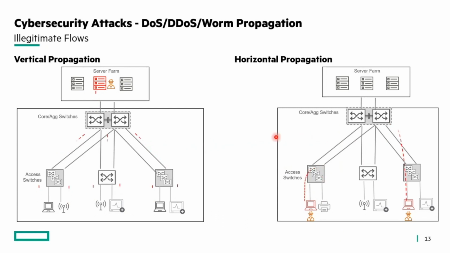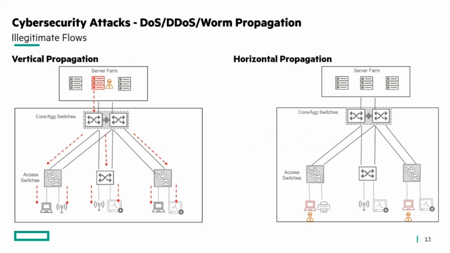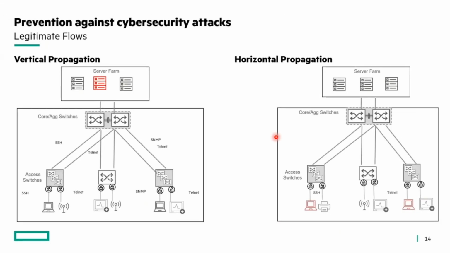Let's see how reflexive policy will be able to protect us from these attacks. With reflexive policy, we can have greater control in deciding both the application type, like if the end client wants to use only SSH, Telnet, SNMP applications from the server or from the end clients on the other side, and also the destination of the application.